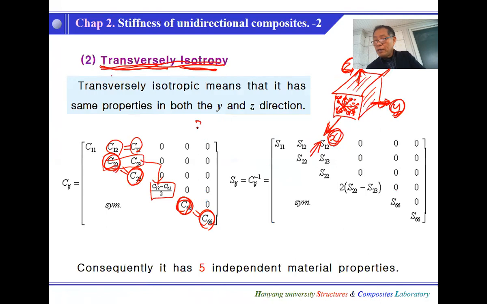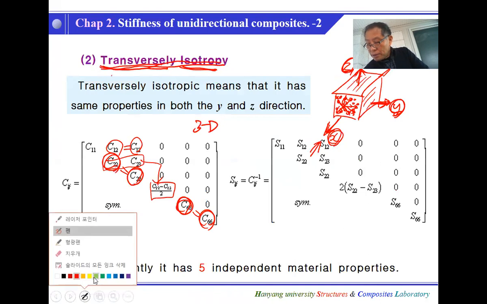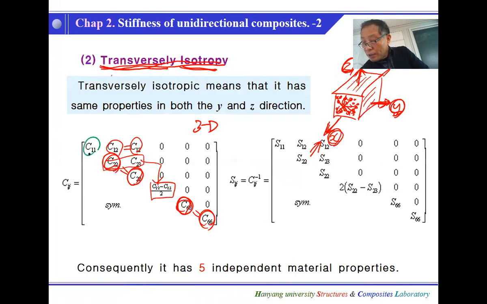Now in the 3D case, you have this kind of material stiffness matrix, and let's count how many independent constants there are. You can say 1, 2, 3, 4, right? Others are dependent. 1, 2, 3, 4, and 5. Okay, so 5 independent material properties in the 3D, three-dimensional case.